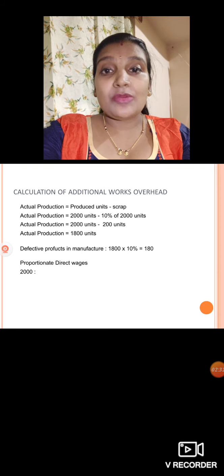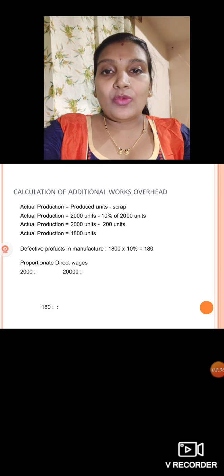So proportionate direct wages we have to calculate, so that we will get a value for these 180 units. For 2000 units we had paid 20,000 direct wages, right? For 180 units we will calculate. Cross multiplication: 20,000 into 180 divided by 2000, we will get 1800, that is your proportionate direct wages.